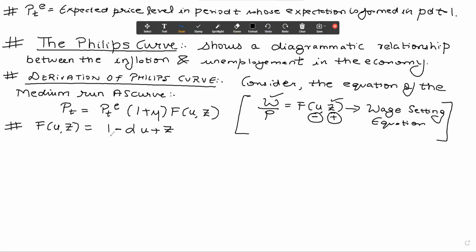Why have I taken 1? 1 is taken for simplifying it further. Otherwise, there is no logic behind taking it. So I have specified the function as f of u comma z is 1 minus alpha u plus z.